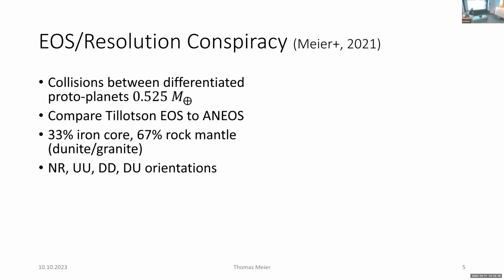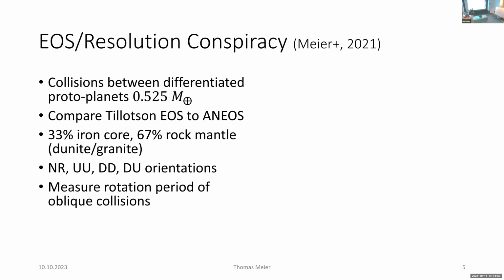So "up up" is both bodies spinning in the same direction as the orbit, and "down down" is both bodies spinning counter-rotating to the orbit. "Down up" is one spinning with and the other spinning against it, and NR we call non-rotating. These are all in the plane, because otherwise you just explode your parameter space. It gets intractable at that point.